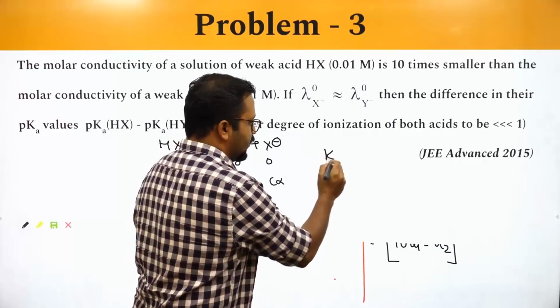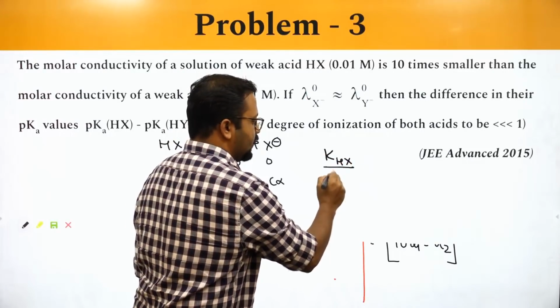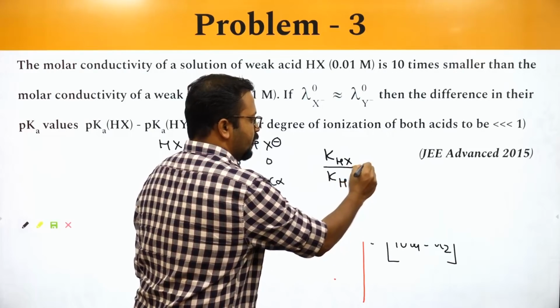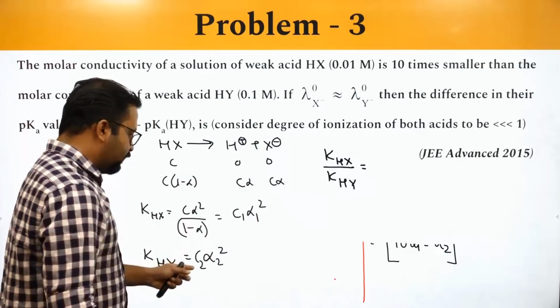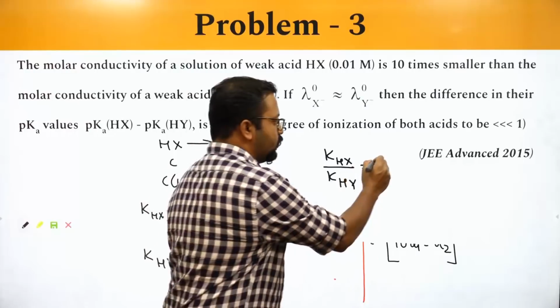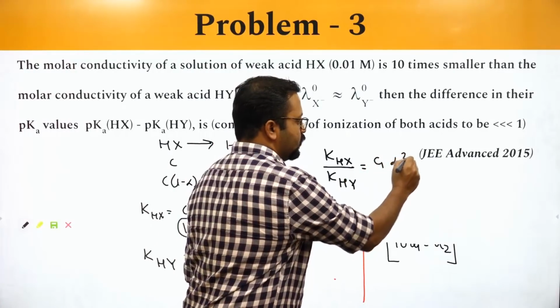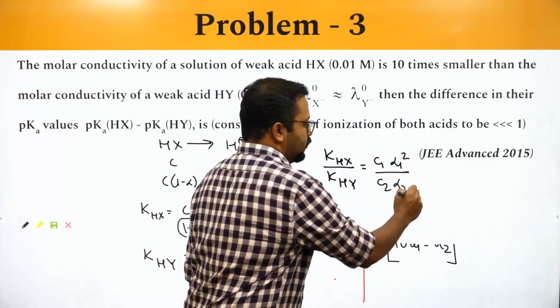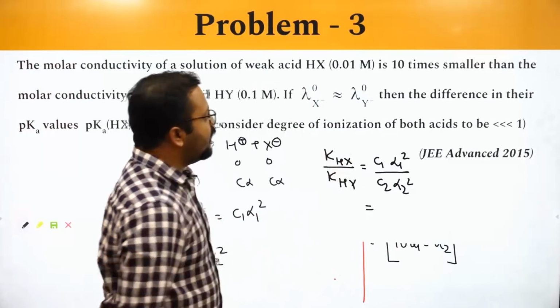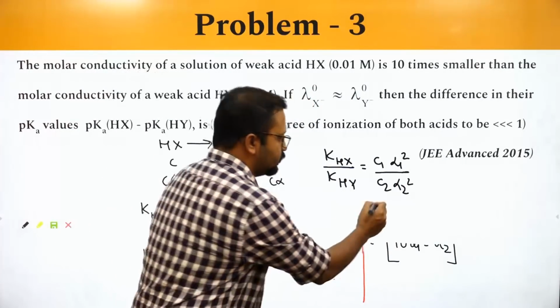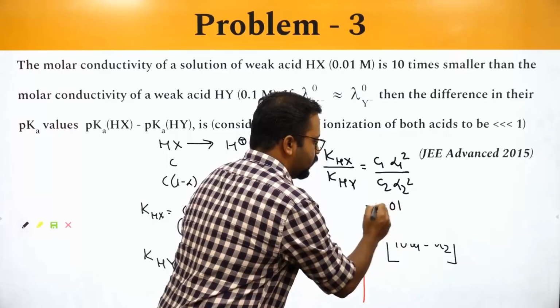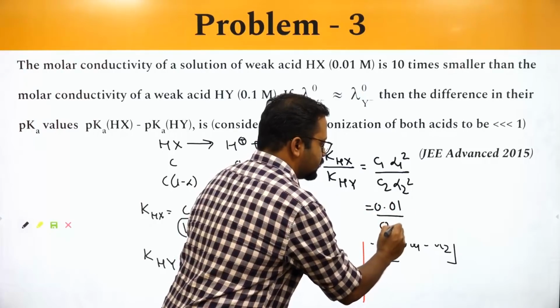So KHX by KHY will be written as equal to C1 alpha 1 square by C2 alpha 2 square. C1 value is 0.01. This value is 0.1.